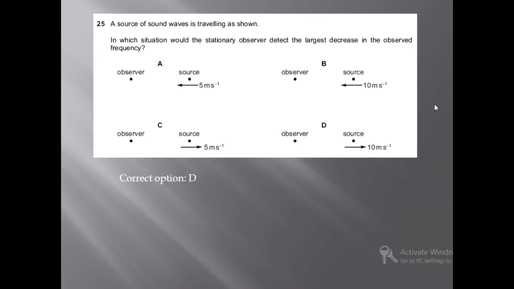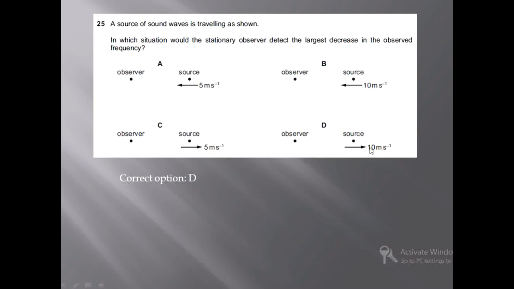We are left with options C and D. We have to decide between these two options. Now there is the next condition of the question which we need to consider, that is we have to detect the situation in which there is the largest decrease in the observed frequency. There is a decrease in the observed frequency in option C when the source is moving with speed 5 meter per second, and a decrease when the source is moving with speed 10 meter per second away from the observer.